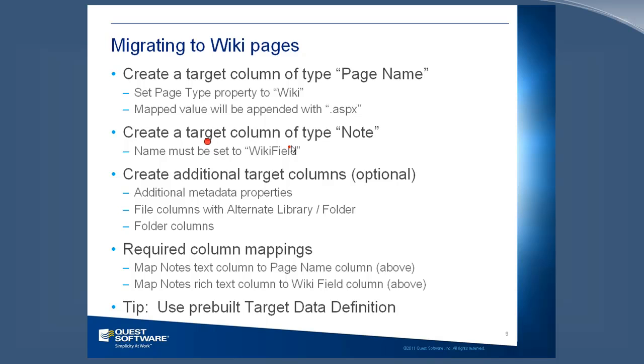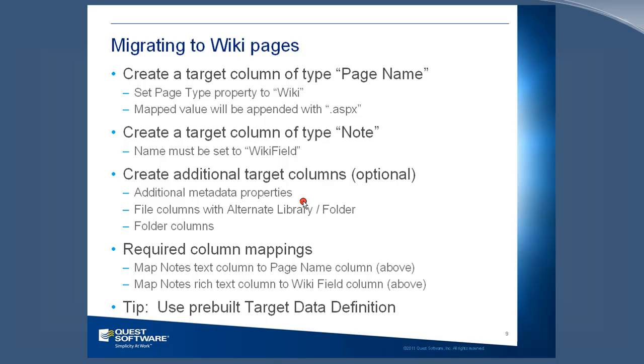So you can add a column called wiki field, which is sort of the predefined name that's in every wiki page in SharePoint. And that needs to be set up as a type note, just like a rich text field would be in a list. You'd call that a note field in our tool. And then you can map your rich text content to that. If you want to, you can set other properties on these pages.